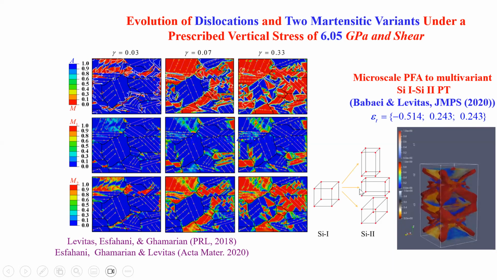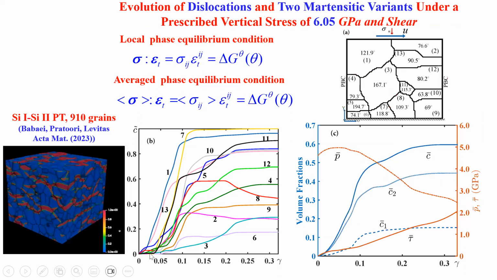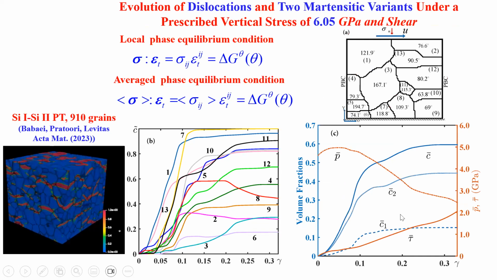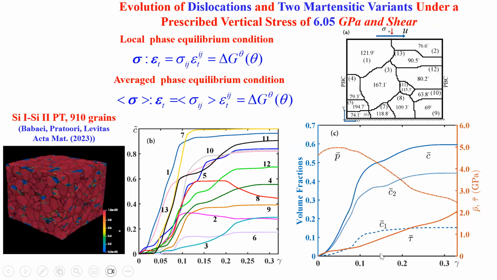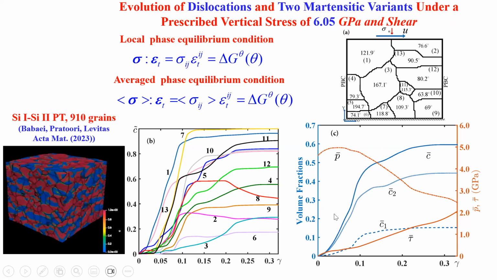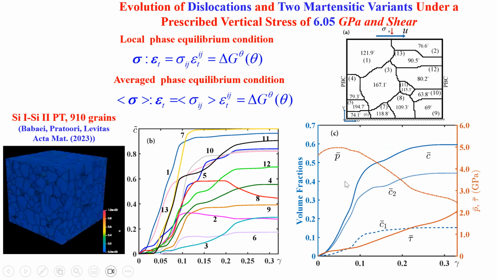Here we also resolve not just the low pressure phase and high pressure phase, but also crystallographically equivalent martensitic variants and their evolution. And we obtain the distribution of volume fraction in each grain. It's very heterogeneous compared to the average over the sample. So now we know how volume fraction varies, pressure varies, shear stress varies, and this is the basis for development of macroscale kinetics for strain-induced phase transformation, but I will discuss this later.